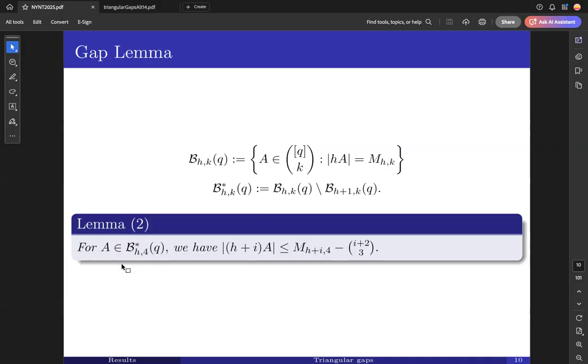So if A is a B of H set, but not a B of H plus 1 set, then I can show that B of H plus I, A, so that is the H plus I fold iterated sumset, is going to be bounded above by M sub H plus I minus I plus 2 choose 3.